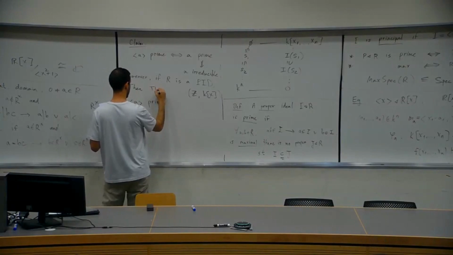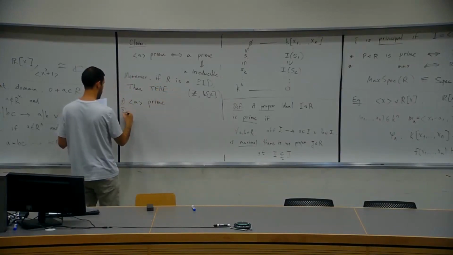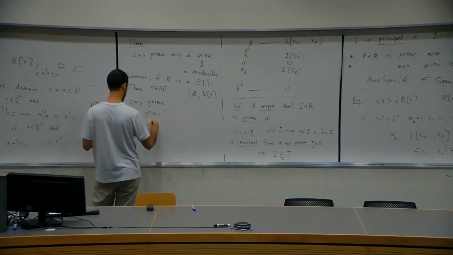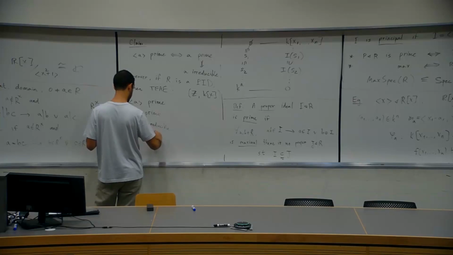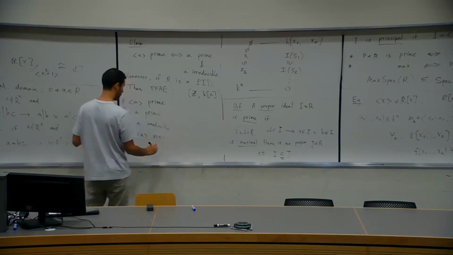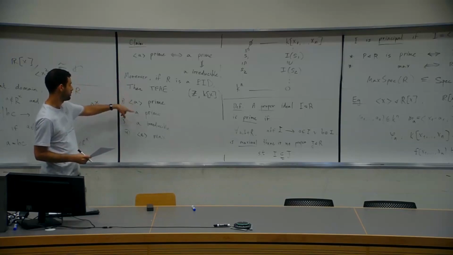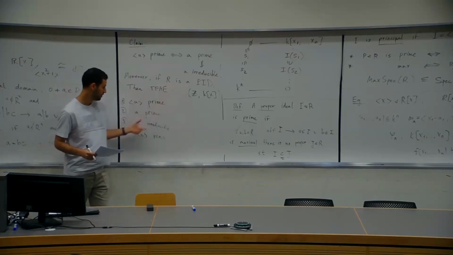The following are equivalent: a is prime, a is irreducible, and the ideal generated by a is maximal. The first implication holds in any ring, and this holds in a PID.